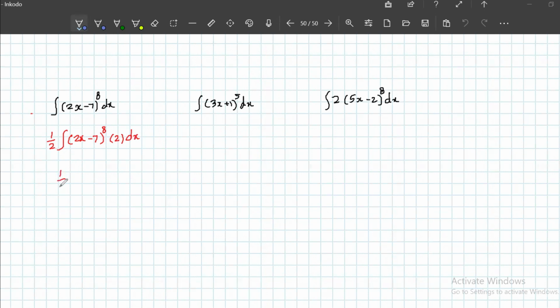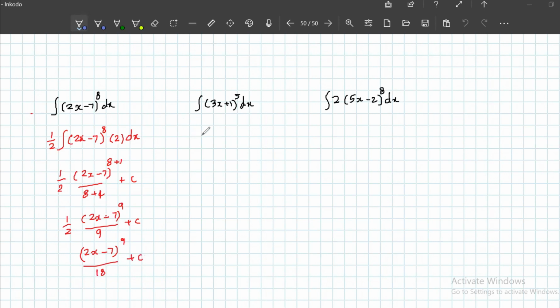After this, we can apply the integration concept, which is (2x minus 7) whole power 8 plus 1 over 8 plus 1 plus constant of integration. So next step, 1 over 2, (2x minus 7) whole power 9 over 9 plus constant of integration, or we can say that (2x minus 7) whole power 9 over 9 multiplied by 2, 18 plus constant of integration.